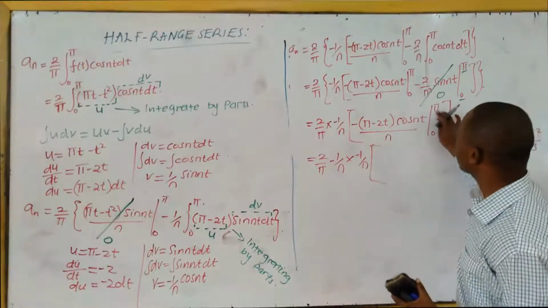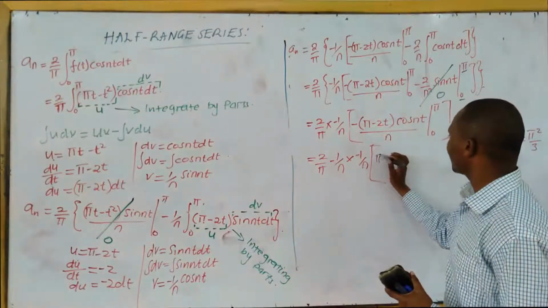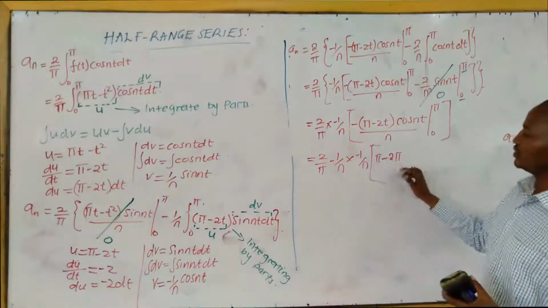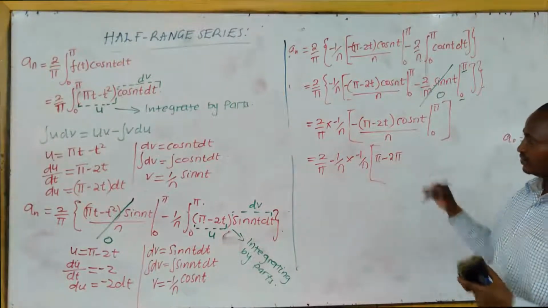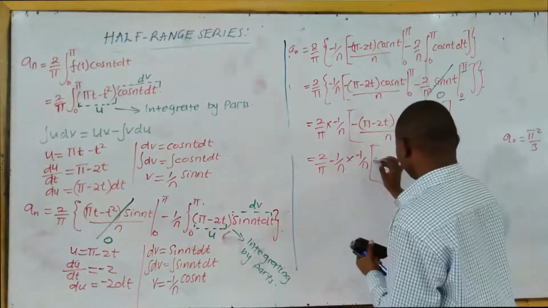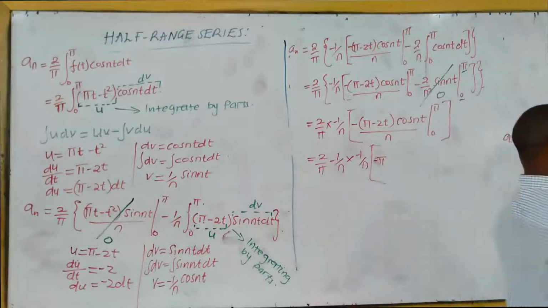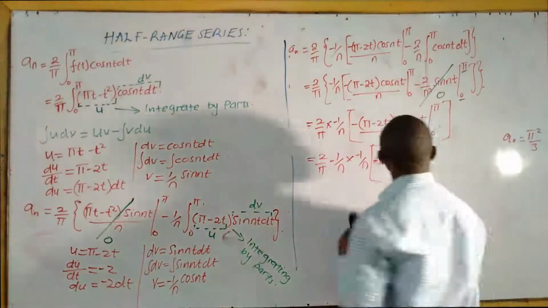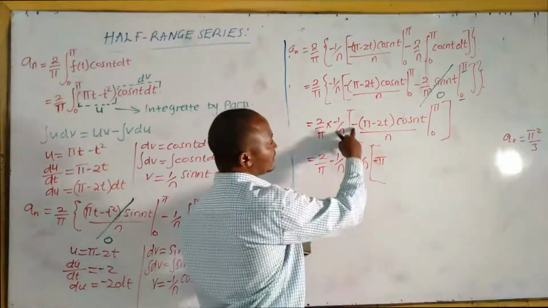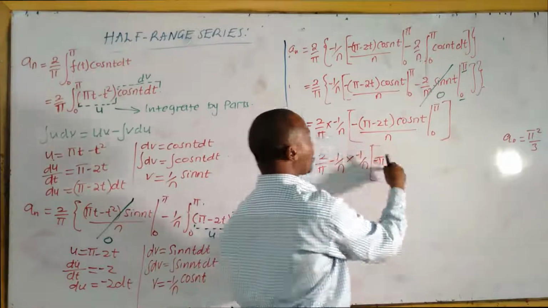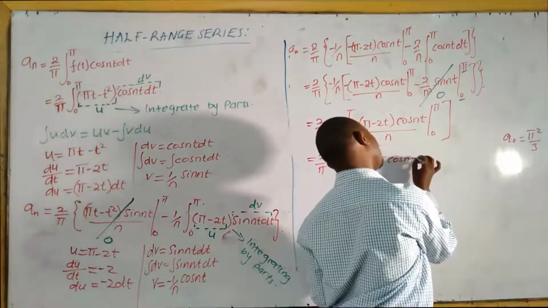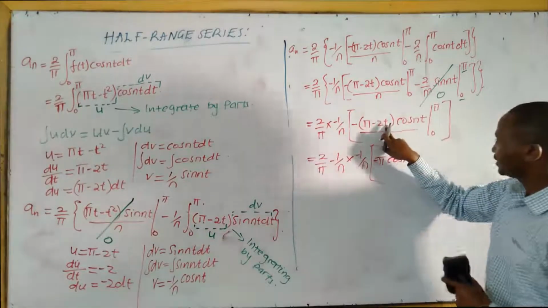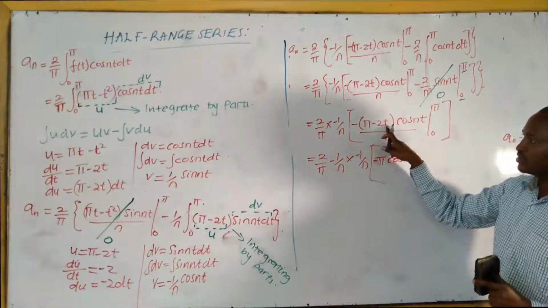So I substitute the upper limit. It is pi minus, where you have t, put pi. Pi minus 2 pi, negative pi. Negative pi. Having a problem with pi today, so negative pi cos n pi, upper limit. Now see, where you have t, put 0, and then you have the pi.